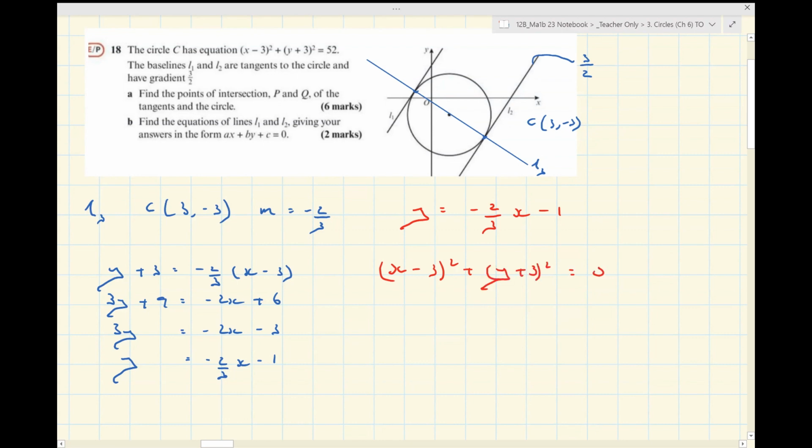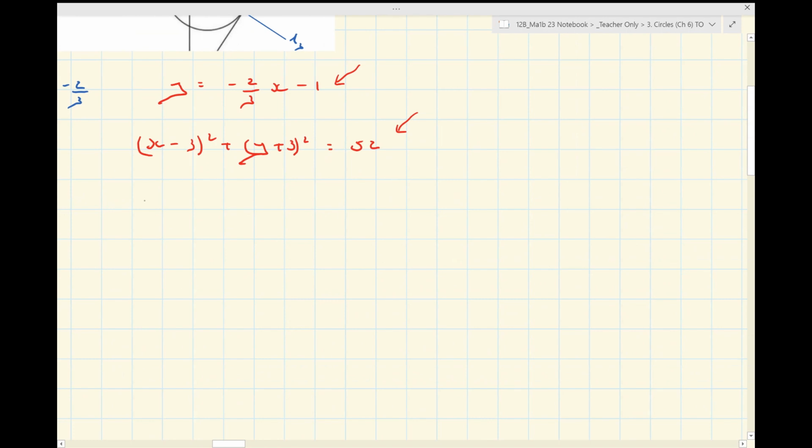Well, I'm going to take this expression for y and substitute it into this equation. So I'm going to have (x minus 3) squared plus, put this in a bigger bracket, (y, which is minus 2/3 x minus 1, plus 3) squared equals 52. So that's going to give me (x minus 3) squared plus (minus 2/3 of x plus 2) squared equals 52.